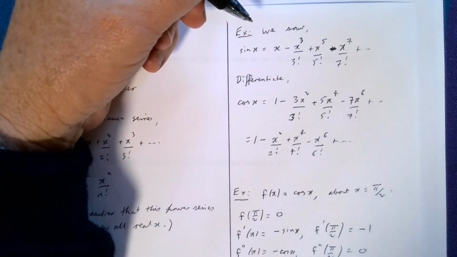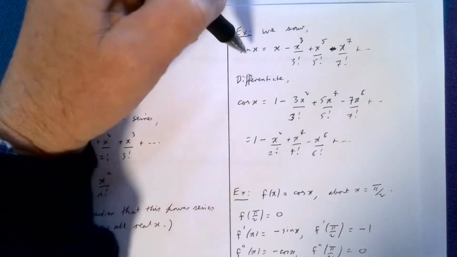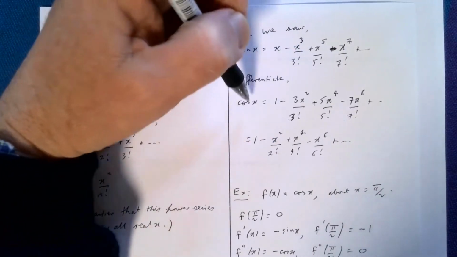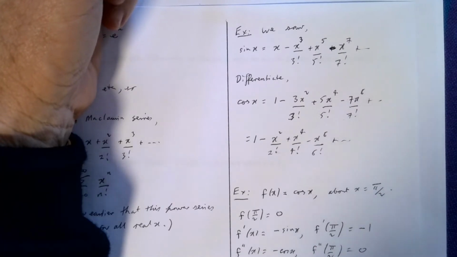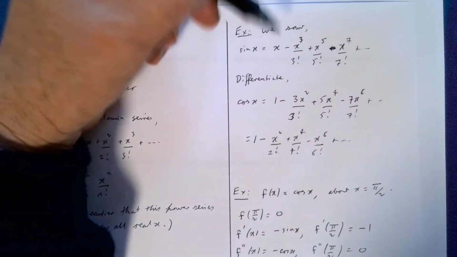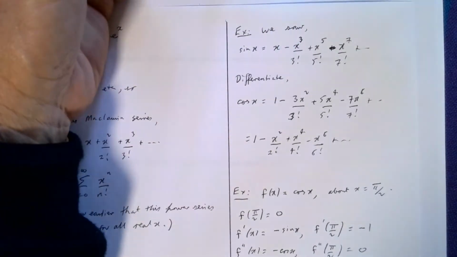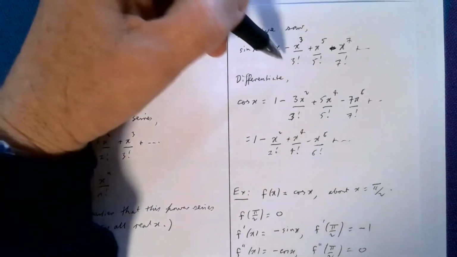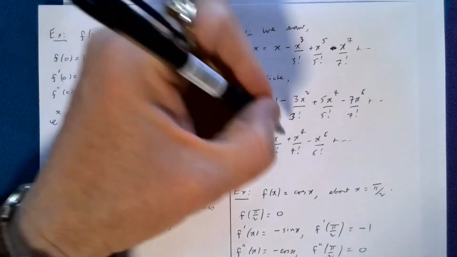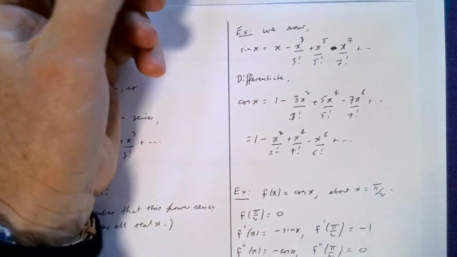This is lovely. And it's also a nice way of remembering the series. Now, in this course, you don't need to memorize these infinite series. My view is that these are so beautiful, you can't forget them, but you won't need to be able to reproduce these off the top of your head, but these are lovely, lovely infinite series.